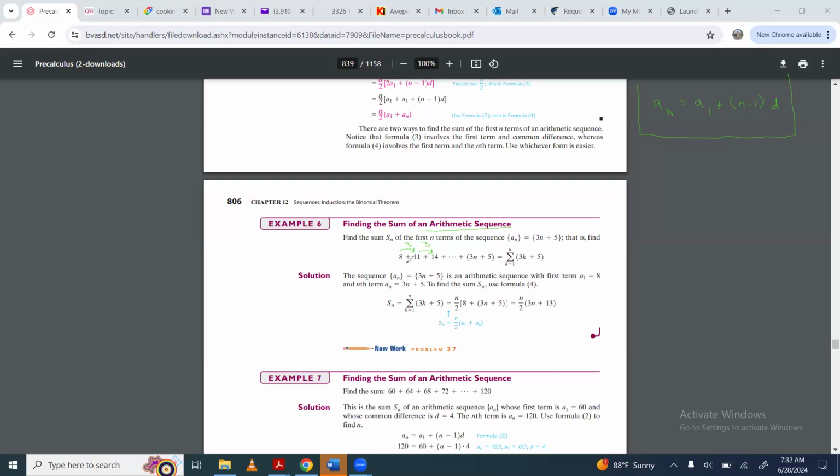I get another 3, another 3, another, and that's how I produce those particular terms. So I keep adding the same exact number. That number is called d, or the difference in between the terms, and that's 3 in my example.